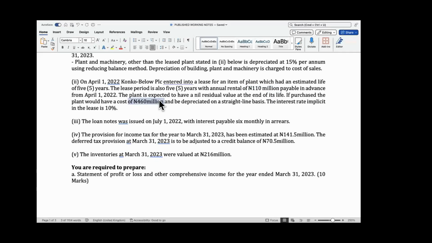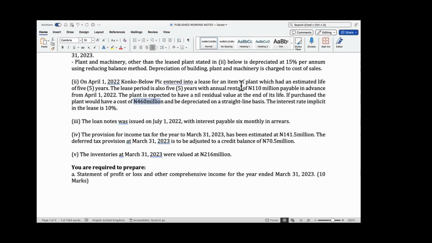This 460 million, I won't use it for anything, because IFRS 16 didn't mention that. It's just a confusion, because some students will go and say this is the cost of the asset and put that in the books.